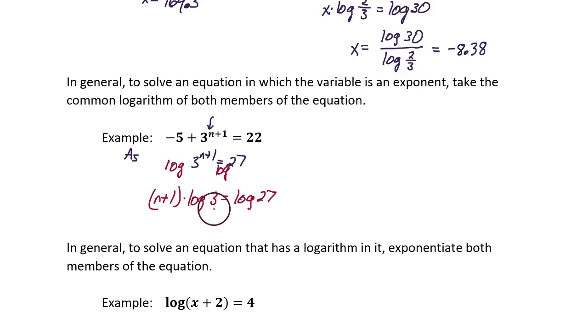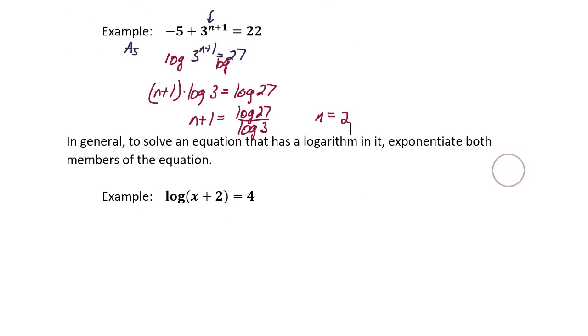Then we can divide by log 3 on both sides to get the n plus 1 alone. Type this in the calculator, then subtract 1, and we'll have the answer for n. And the answer turns out to be 2.